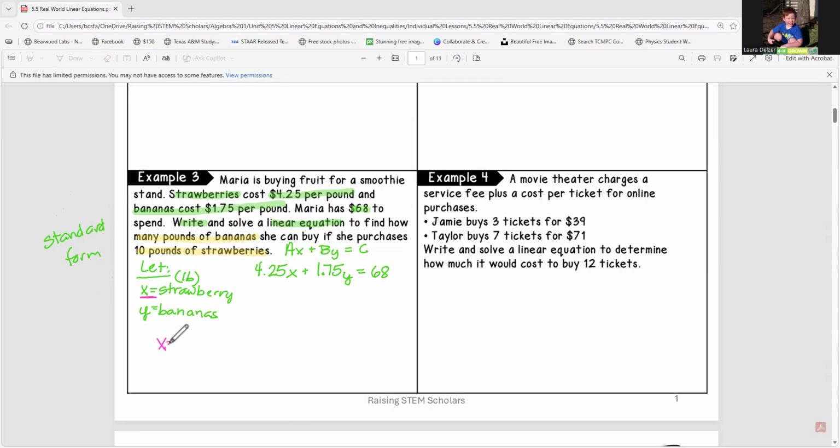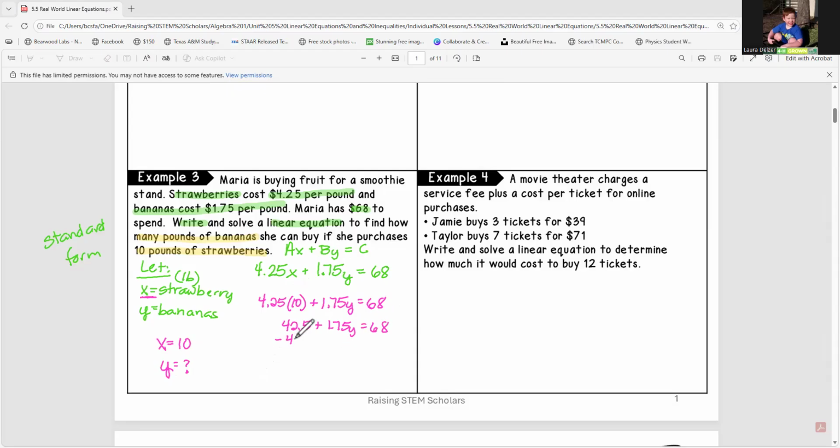So we're going to say x is 10. And when x is 10, what is my y? Okay, so I'm just going to write 4.25 times 10 plus $1.75 times y equals 68. So I do a little bit of math. I get 42.5 plus 1.75y equals 68.